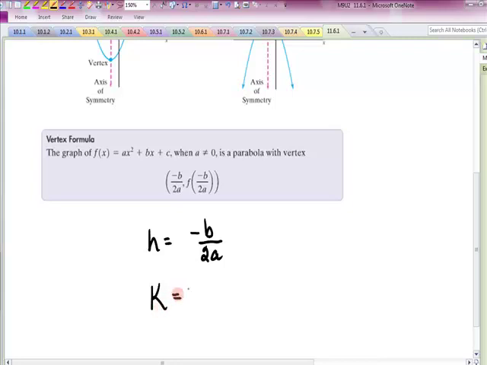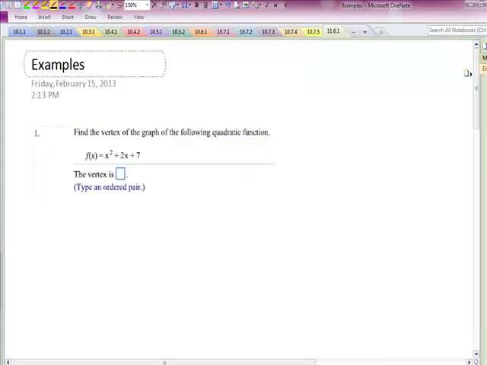We're going to find k by taking the answer we got here and plugging it into the function. So it's f of h. Now that might sound a little bit confusing right now, but hopefully it will make perfect sense when we look at some examples. Let's look at our first one.